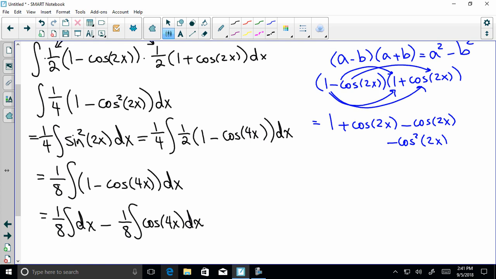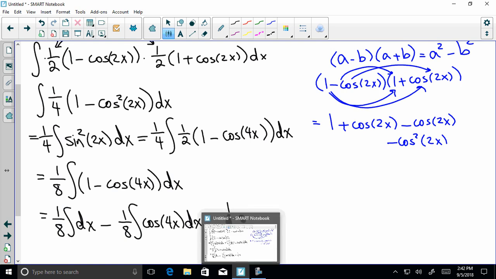You can separate the two integrals. Is that right? Okay. Now, what is the integral of dx? x. So I get 1 over 8 x minus 1 over 8.